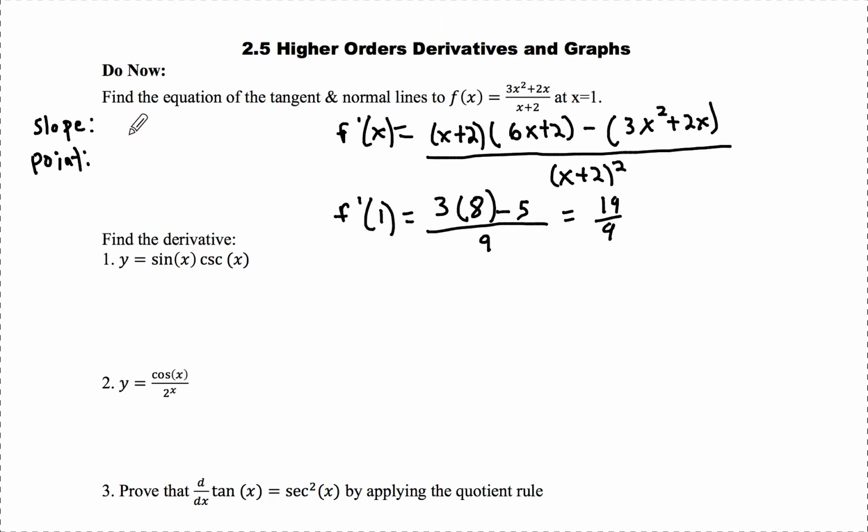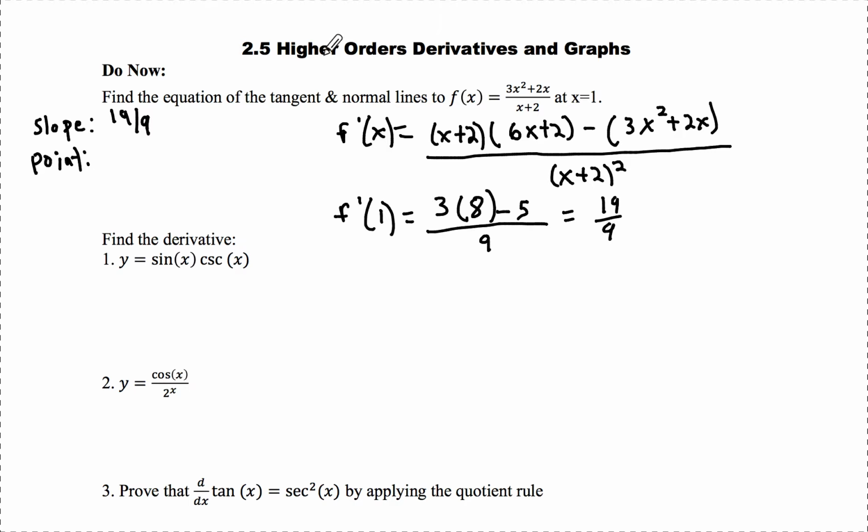So I now know my slope at x equals 1, which is 19 ninths. Let me do a quick check to make sure I didn't accidentally make a mistake. Looks pretty good. So that's the slope of our tangent line at x equals 1.